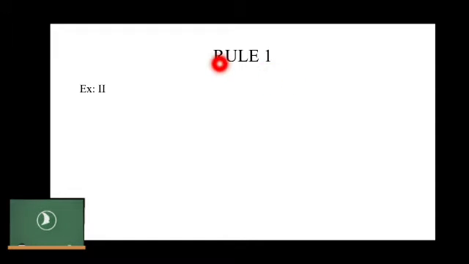Rule 1. If a symbol is repeated, then its value is added. For example, here the symbol I is repeated twice. So what are we going to do? We are going to find the Hindu-Arabic number equivalent to I, which is 1.